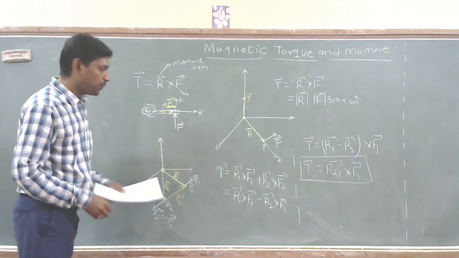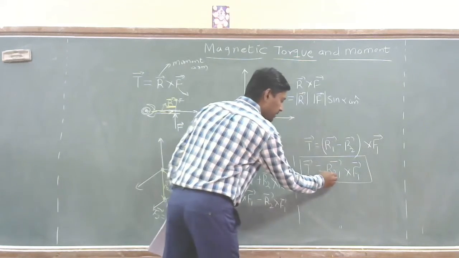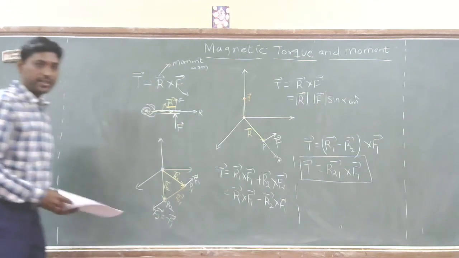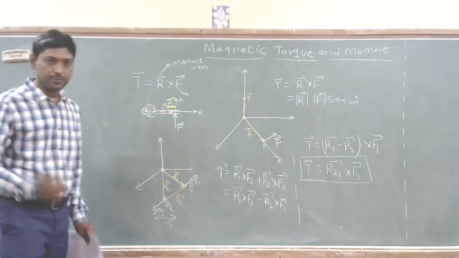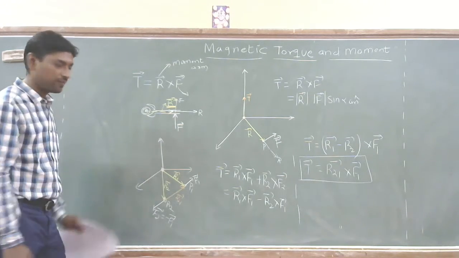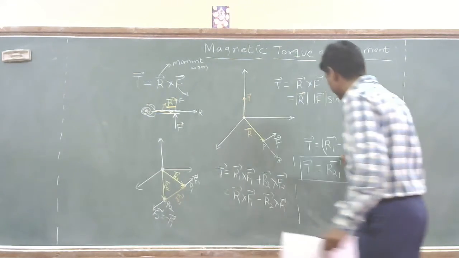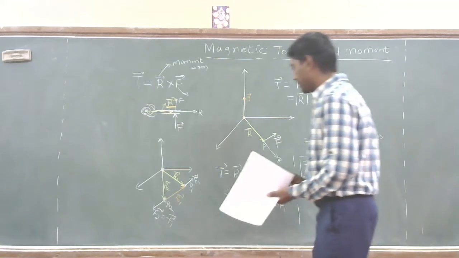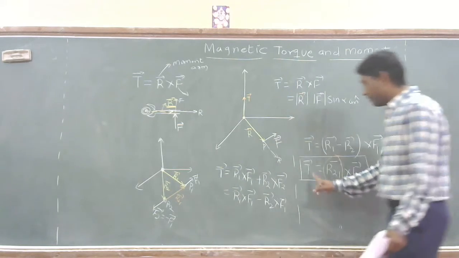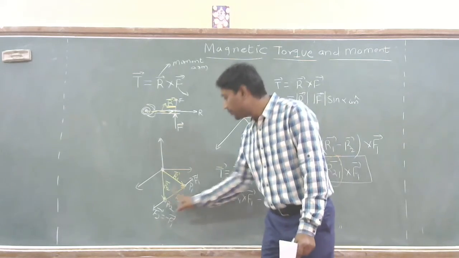The very important thing for deriving this result was that F2 was equal to minus F1, or I could say that the total force on the system was 0. Because F2 equals minus F1, the total force on the system was 0. Now the interesting fact: the total torque depends on r21, the distance vector between the points of application of F2 and F1.